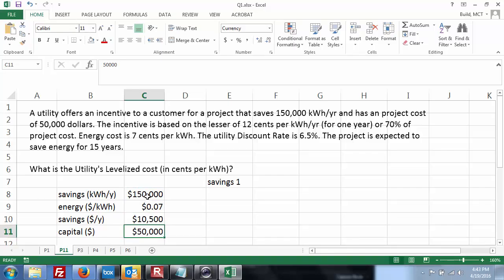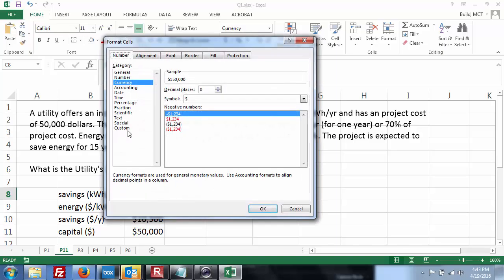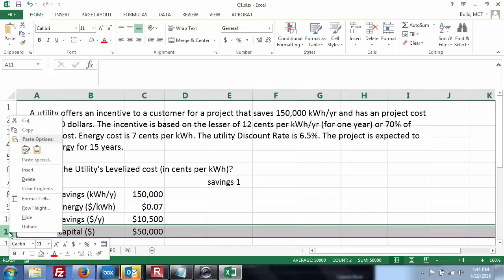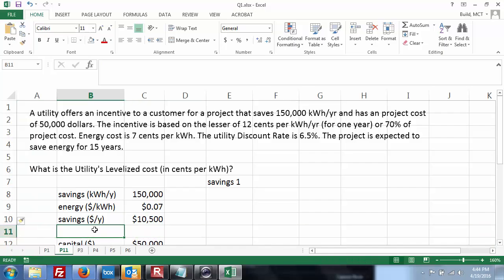So right here, we don't really know what the total energy per year consumption is. We just know that we're going to save 150,000 kilowatt hours per year. So we're going to save $10,000 per year. It's 7 cents per kilowatt hour. The discount is in a percentage, 6.5.